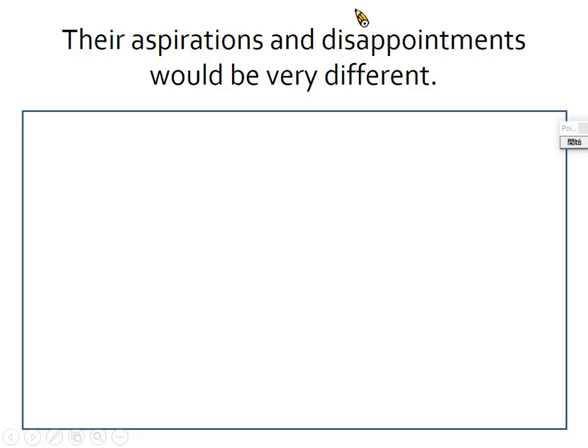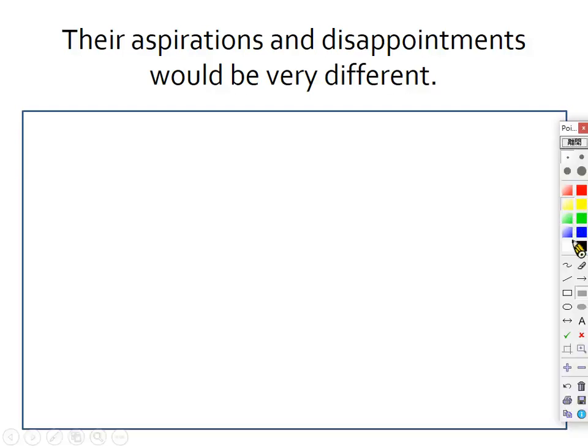Okay, let's see this one. Their aspirations and disappointments will be very different. So when you see this one, you need to identify the basic structure. Aspirations, disappointments, connected by "and," right? And "be" is the verb, be verb, different. So basically, if you can catch this, you are about right.